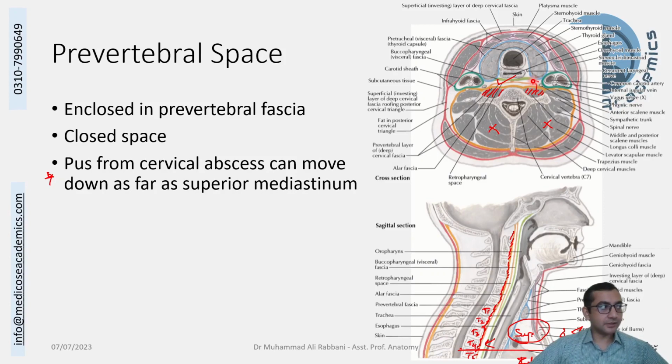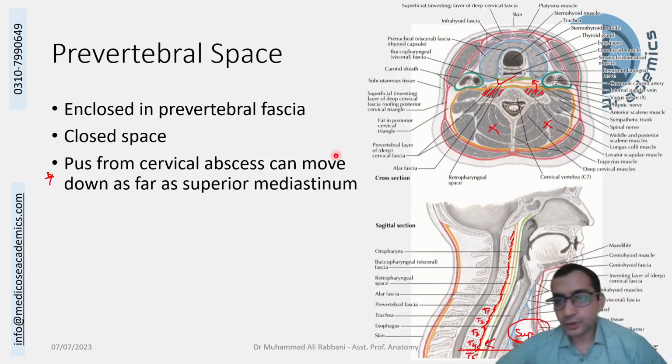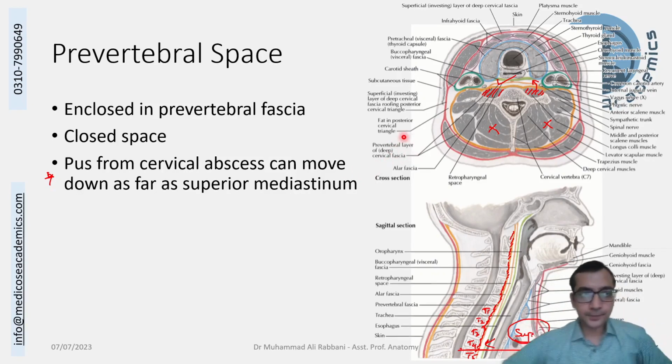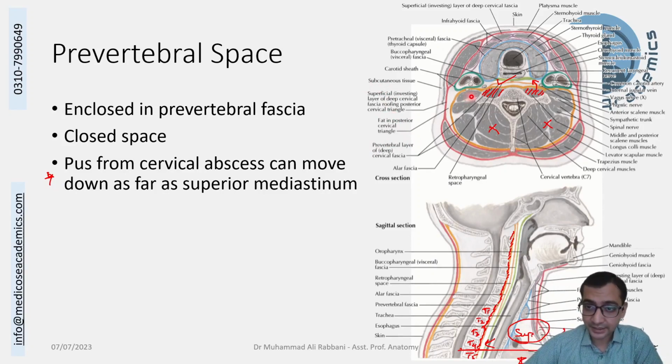Now, if you have understood and don't want to disturb your concepts anymore, put your fingers in your ears. But if you want to discuss one more controversy, some books, even Gray's, mention that the prevertebral space includes this area also. Let me put it in a different color.